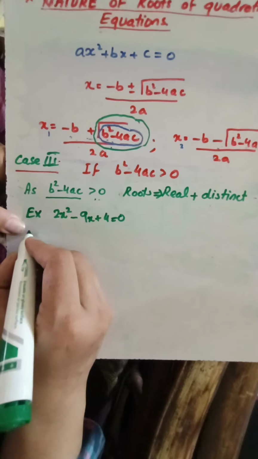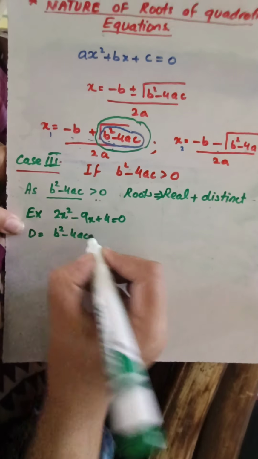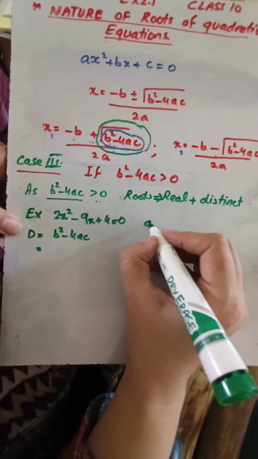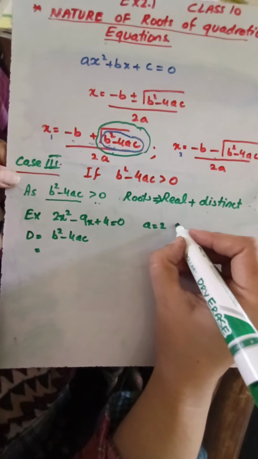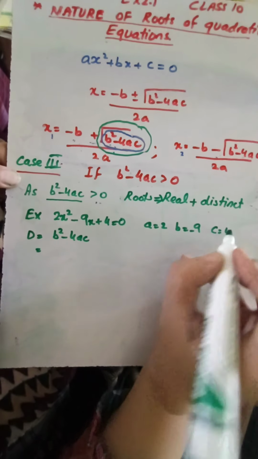Now first of all let me find the discriminant. The discriminant will be b square minus 4ac, and over here a is equal to 2, b is equal to negative 9, and c is equal to 4.